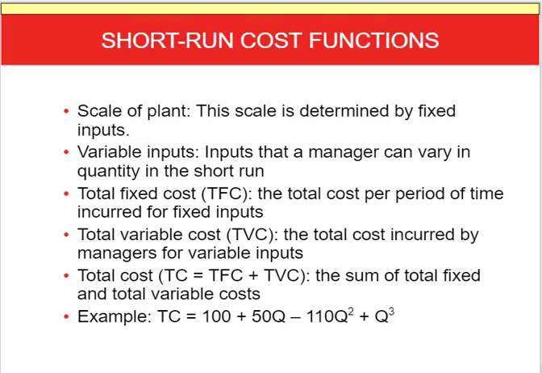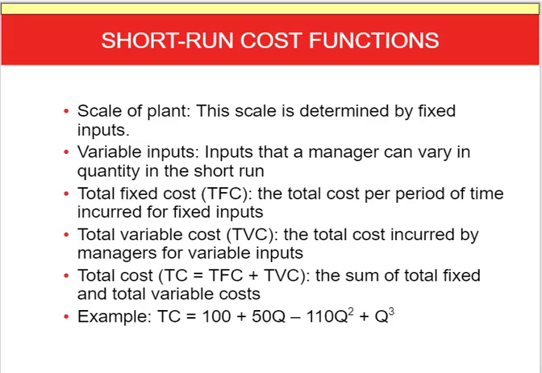For the example given in the slide of total cost equal 100 plus 50q minus 110q squared plus q cube, where q is the quantity of output, you can see what terms correspond to fixed cost and variable cost.